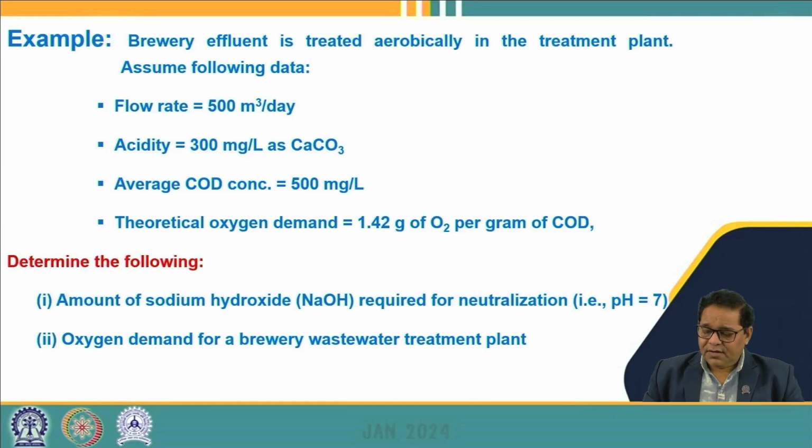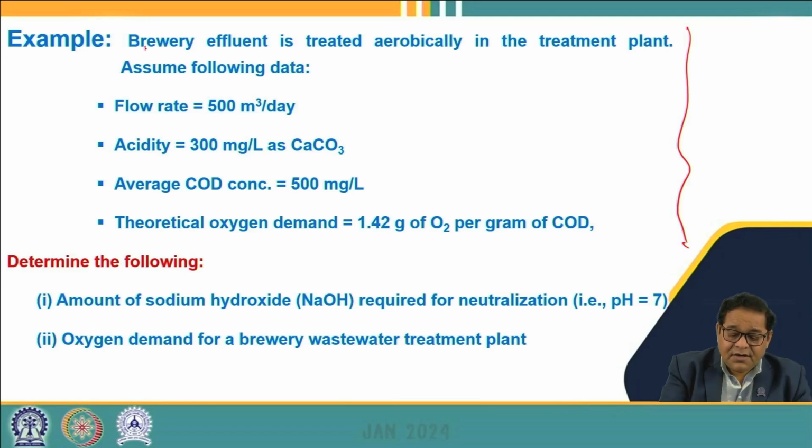Then we will have some numericals here, which will give us some idea about how the distillery effluents are produced, how much wastewater they generate, and how much oxygen is required for their degradation. So the numerical will illustrate a few design parameters.